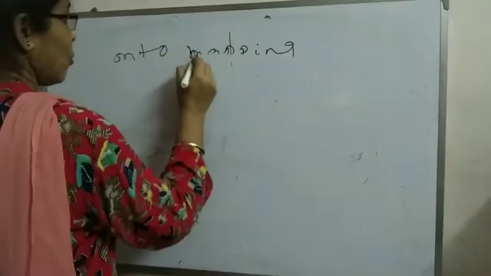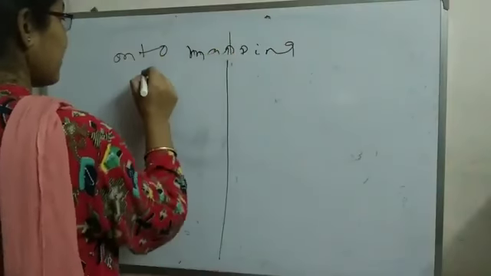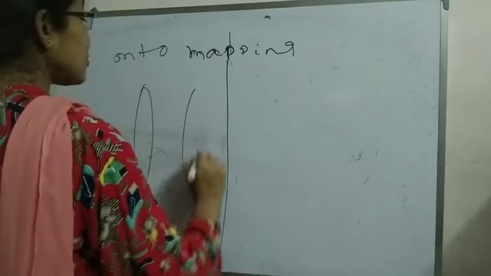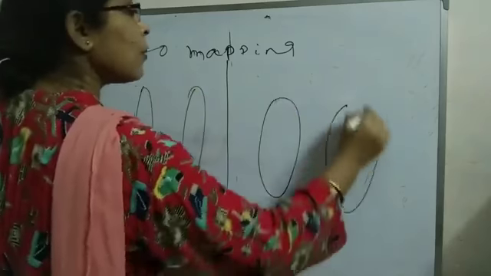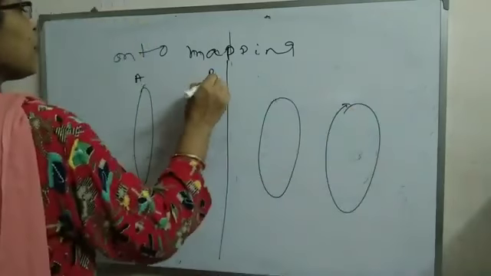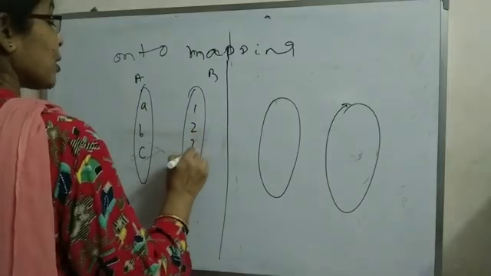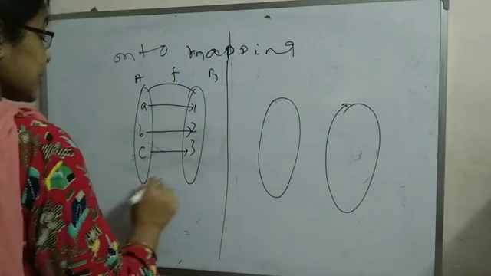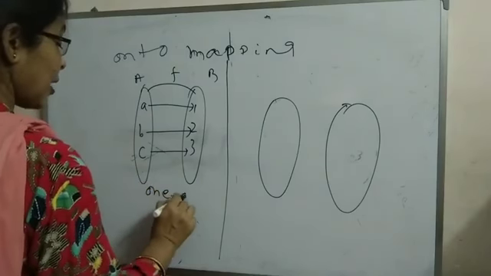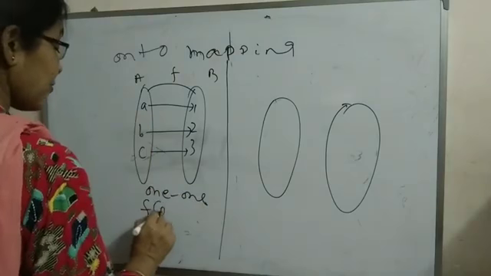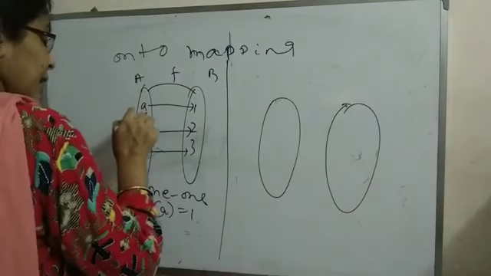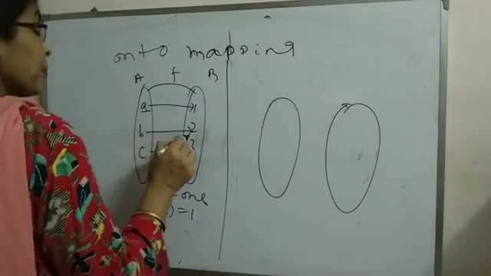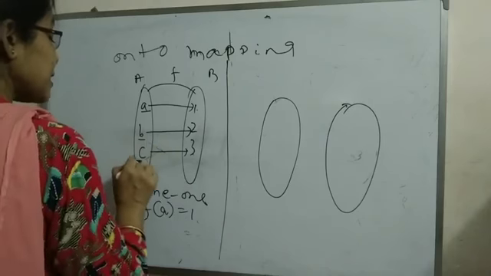This is onto mapping. Onto mapping is one-one onto and many-one onto. Here A: a, b, c; B: 1, 2, 3, by F. This is one-one, because a equal to 1, b equal to 2 and c equal to 3. 1 has preimage a, 2 has preimage b and 3 has preimage c.